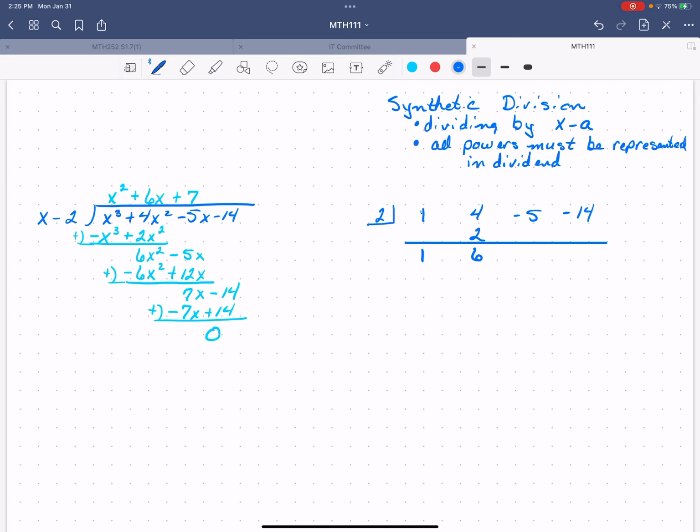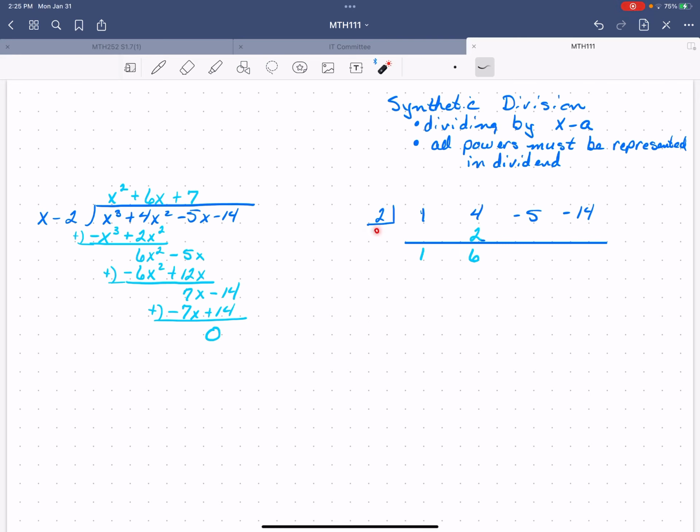Drop down the 1, multiply by the 2, and add it to the 4, we get 6. Now remember, this 6 came from this 4 plus this 2. And as long as this is a 1, this coefficient will always match this number.